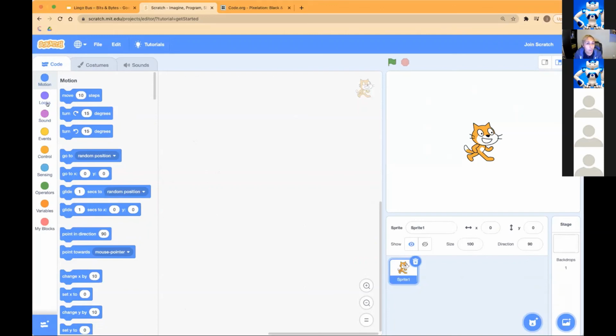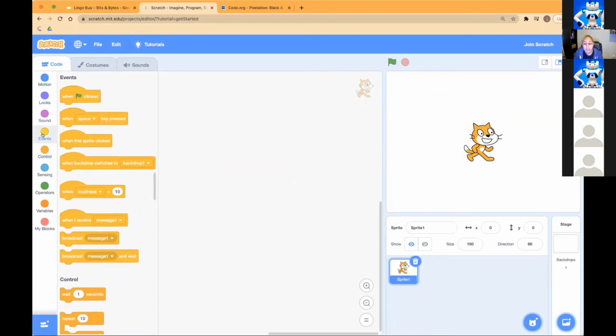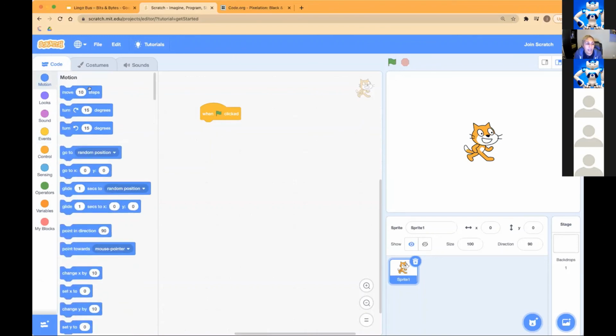I have blocks for looks, sound, events, control, and so forth. So if I start with an event block and find this when flag clicked, this will allow something to happen whenever I click the flag, whatever it is that I attach to it. Then I can attach move blocks, for example, to get the cat to move. So now when I click the flag, I see that the cat moves every time I click the flag.